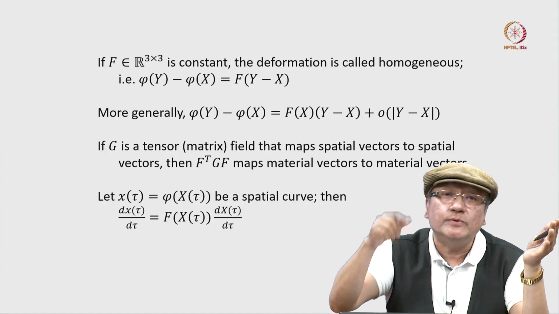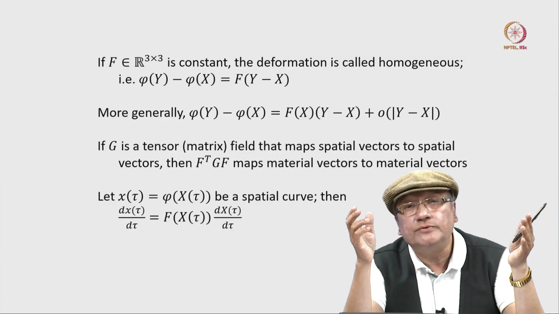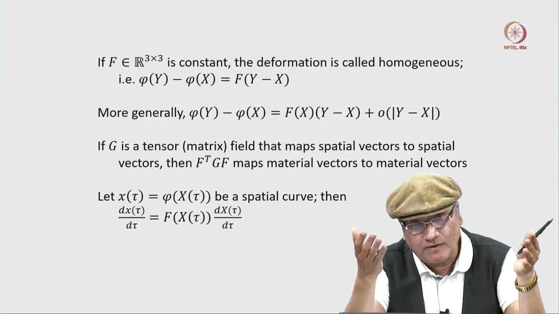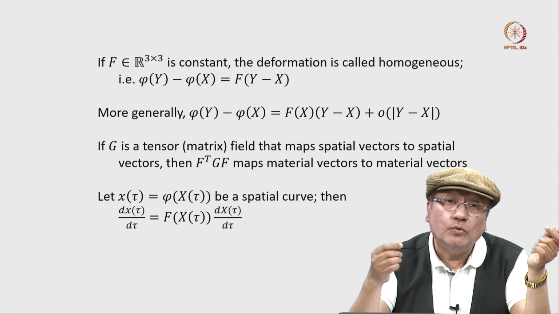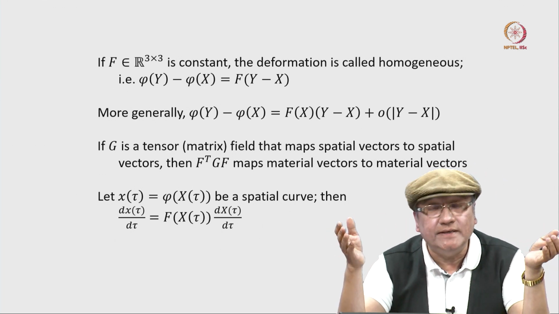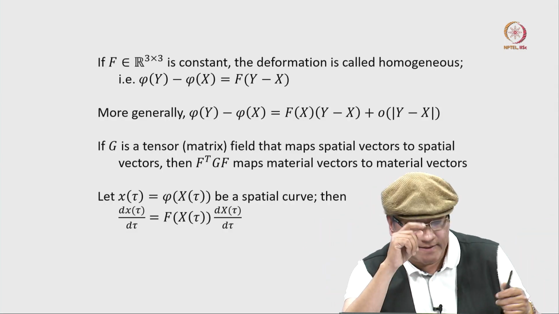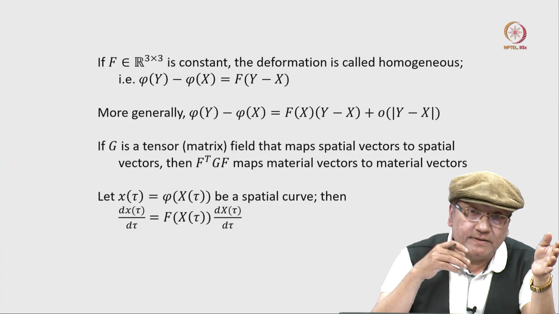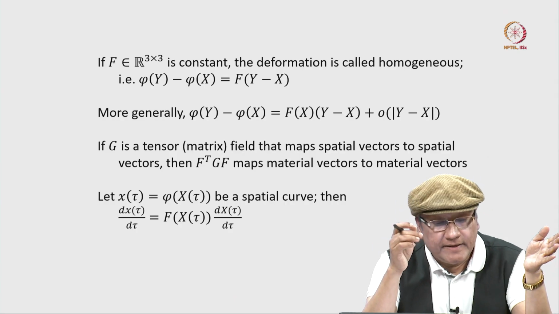Unless you integrate them, there is no direct interpretation of these terms in terms of experimental evidence. Only when you integrate a PDE will you get something that you can measure in an experiment, not before that. So that is why F, which transforms one tangent space to another, is a very important object.